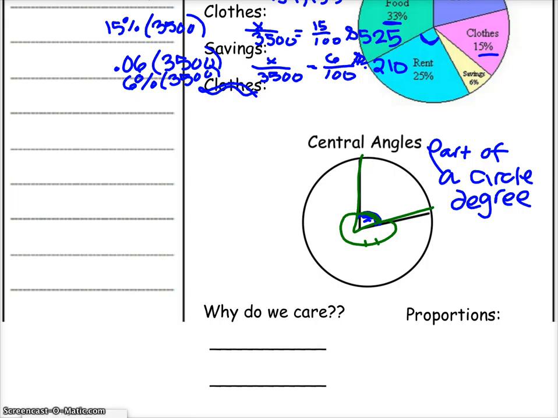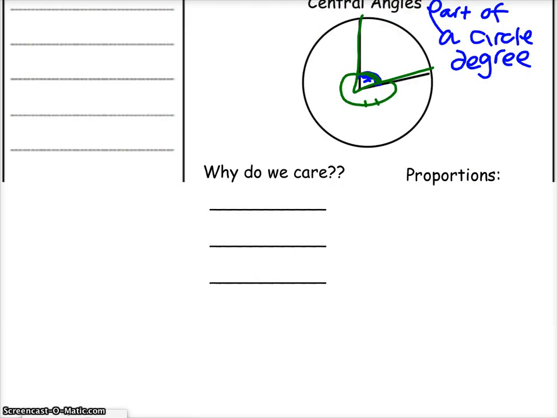Why do we care about central angles? Analyzing graphs. You can put the ing in there. Analyzing graphs is why we care about them. We care about them because they tell us about a circle.